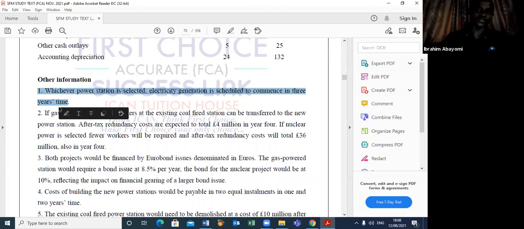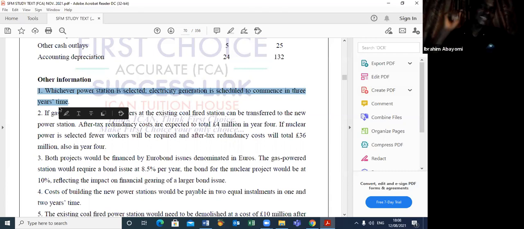And I now tell you that I'm going to commence operation of my business in 3 years' time. We are in January 2021, and the business will commence operation in 3 years' time.